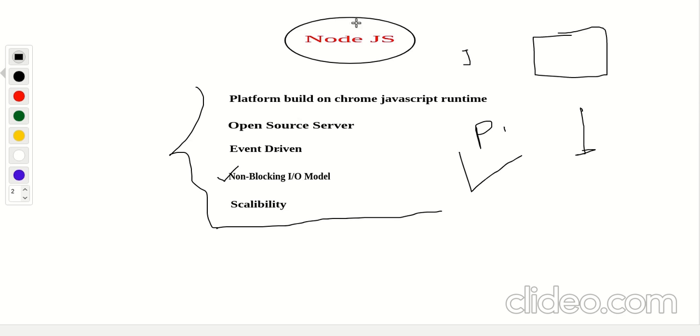So Node.js provides us that environment. Due to Node.js, we are able to run JavaScript at the server side as well as the client side, and this is also a most important feature. That's why Node.js is so popular.